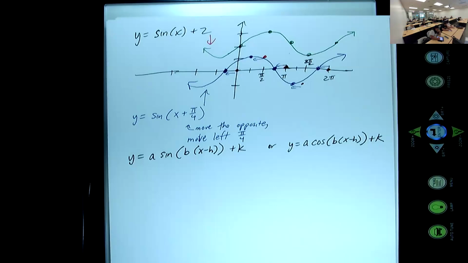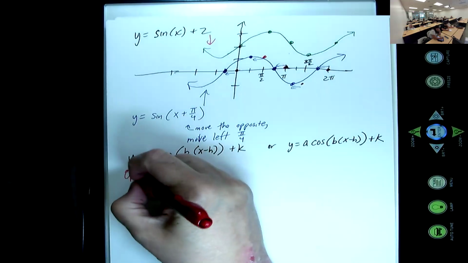There's two strategies. One is, I think, much quicker, but it requires you to know the 5 basic points: the 0, the pi over 2, the pi, the 3 pi over 2, and the 2 pi, on both of them. Option 1, I'll give you both paths.